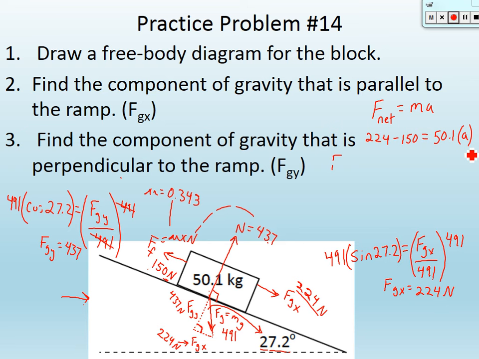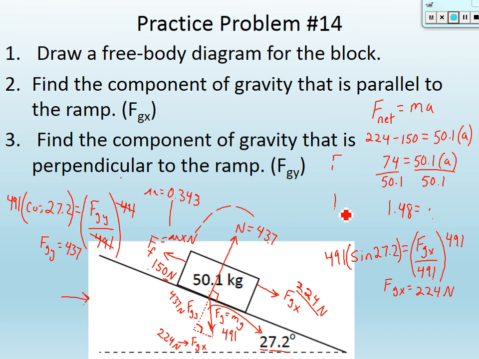But we don't know it, so I'm going to call it A. Okay, what's 224 minus 150? 74 is equal to 50.1 times A. Divide both sides by 50.1. 1.48 is equal to acceleration.